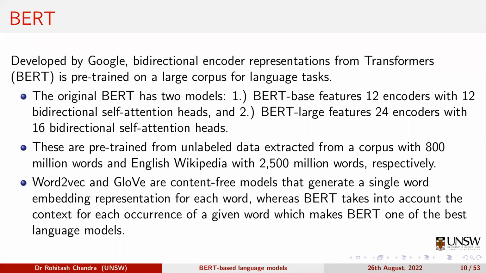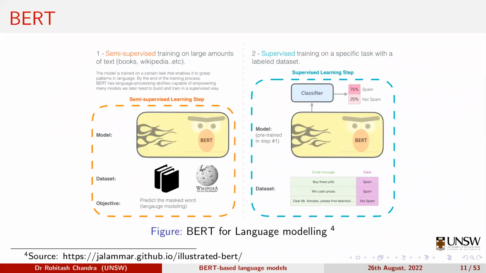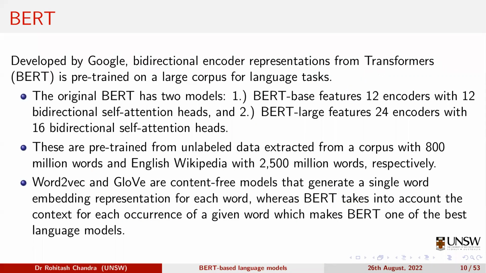Word2vec, which is a neural network based model, and global vector embedding are some popular strategies to convert text to word embeddings. And then from those word embeddings, you train a recurrent neural network or a BERT or transformer type model.